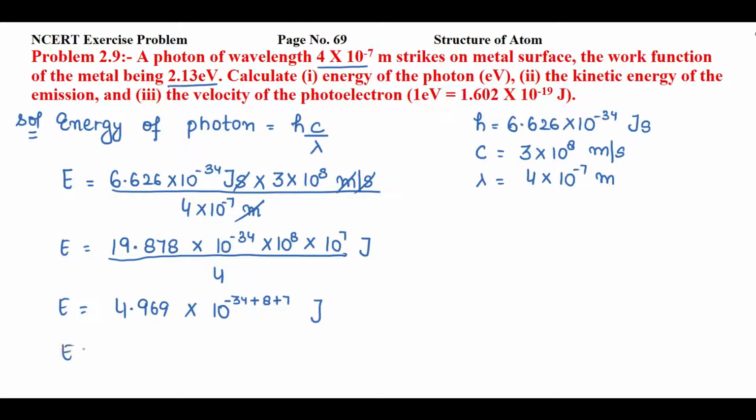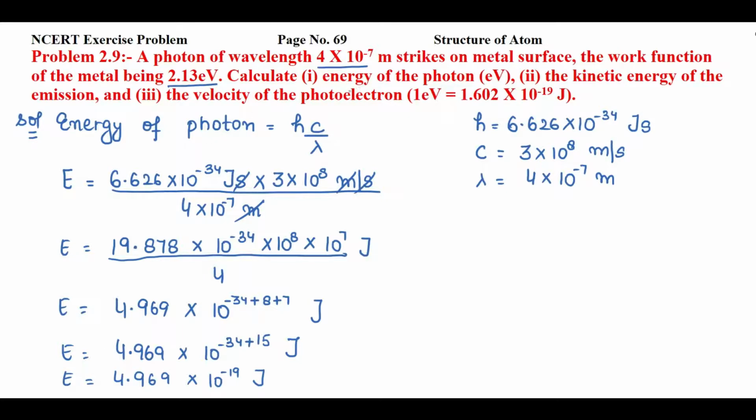So E equals 4.969 × 10 raised to power minus 34, 8 plus 7 will be 15, right? So minus 34 plus 15, definitely it will be minus 19. So 4.969 × 10^-19 joule is the energy of one photon.